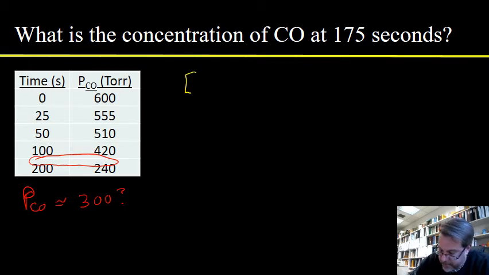Instead of concentration, since we're using partial pressures, let's do this. Pressure of carbon monoxide at time t is equal to the initial partial pressure minus kt.